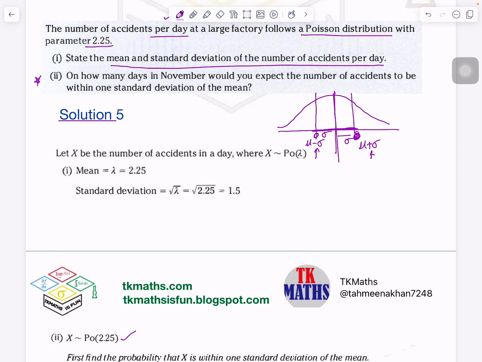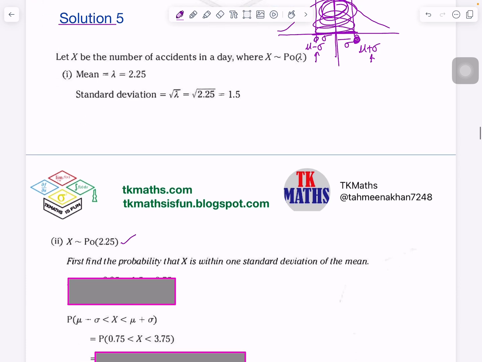Now pay attention what I'm saying. First of all, I will calculate the probability of this area. And when I will get this probability, because it is within 1 standard deviation, then whatever my probability will come, I'll multiply it by 30. So that will give me the answer of how many days in November the accident may occur within this limit.